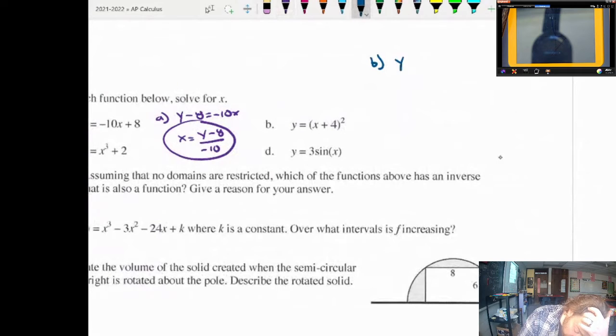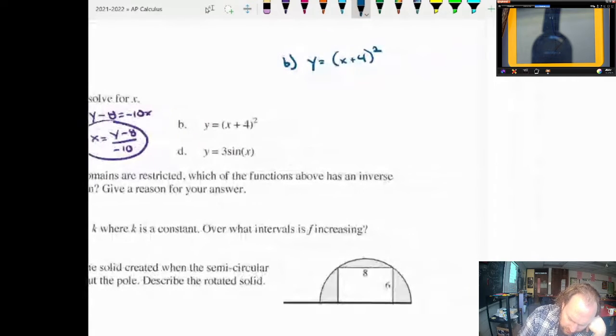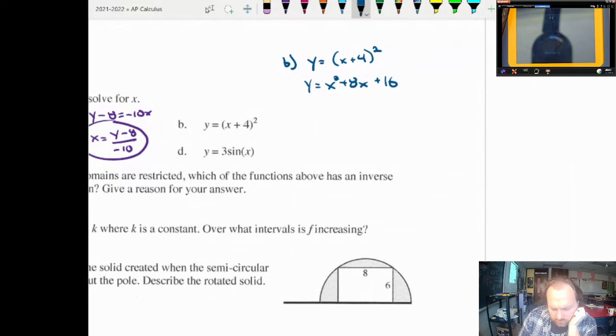We got y is equal to x plus 4 squared. And our objective here is to get the x to be by itself. What you might want to do is try expanding that out. It would be x squared plus 8x plus 16 equals y.